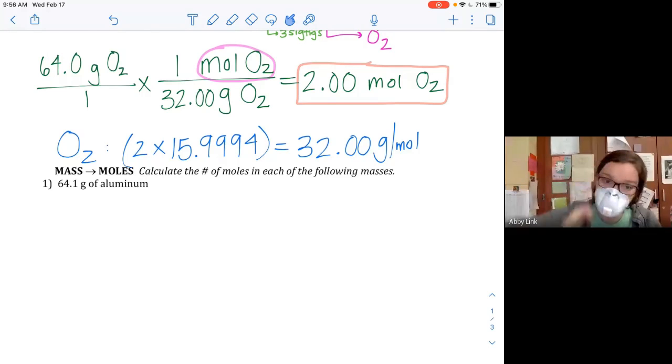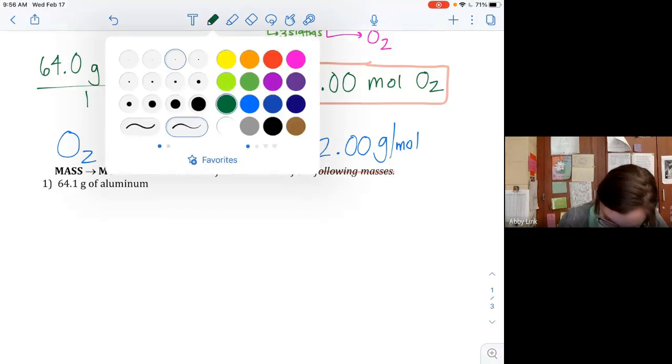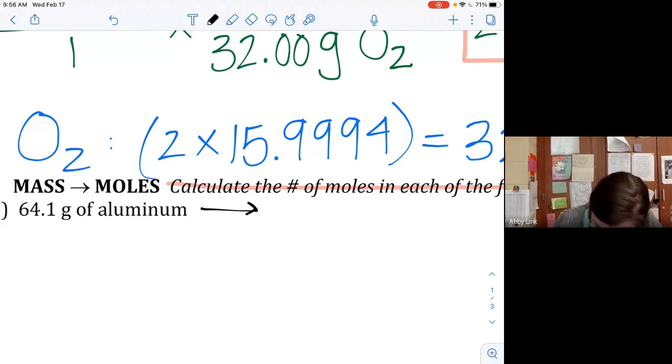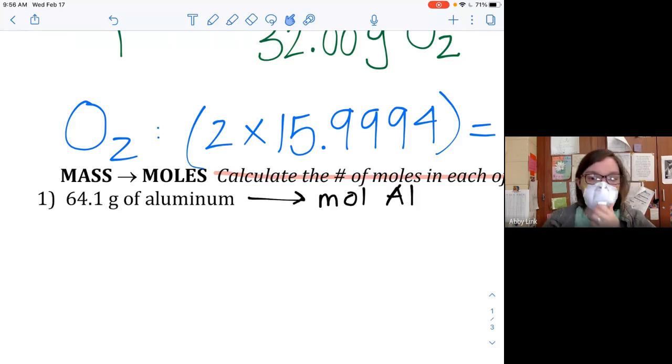All right, so this problem gives us 64.1 grams of aluminum, and the directions are here. It says calculate the number of moles. I'm going to go ahead and add that in here just so I don't lose track of it. We're trying to get to moles of aluminum. Aluminum is element number 13 on your periodic table.